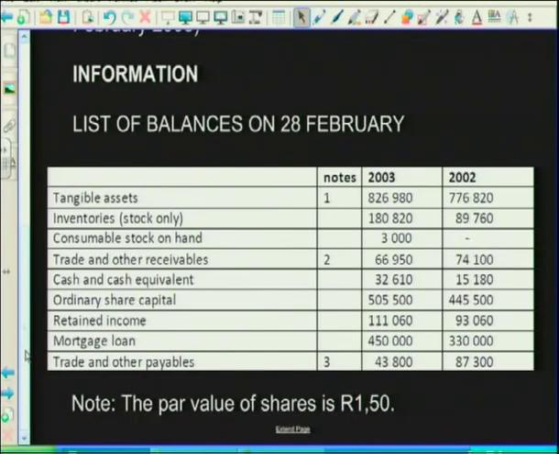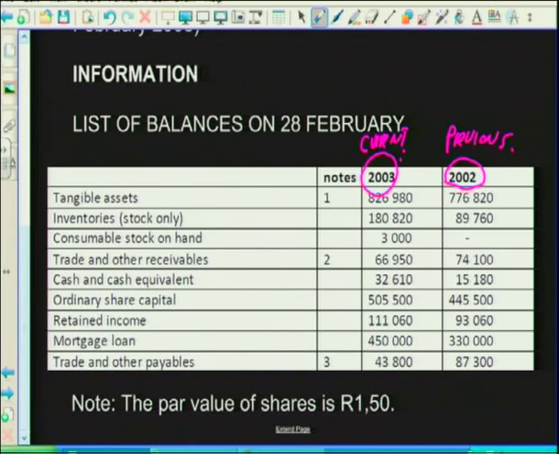So that's what they've now given us. So let's now go to the information. 2003, always make a note for yourself that this is my current year, and then 2002 was obviously the previous year.